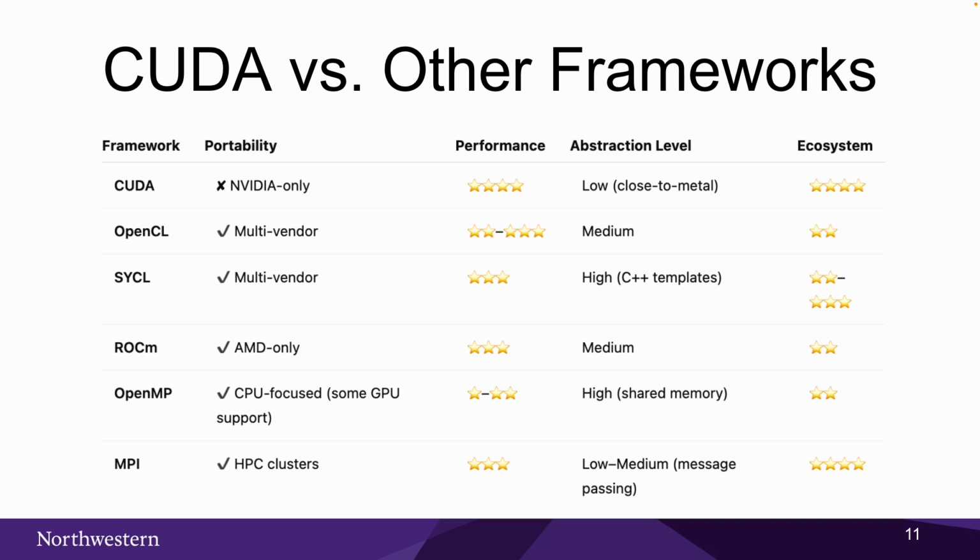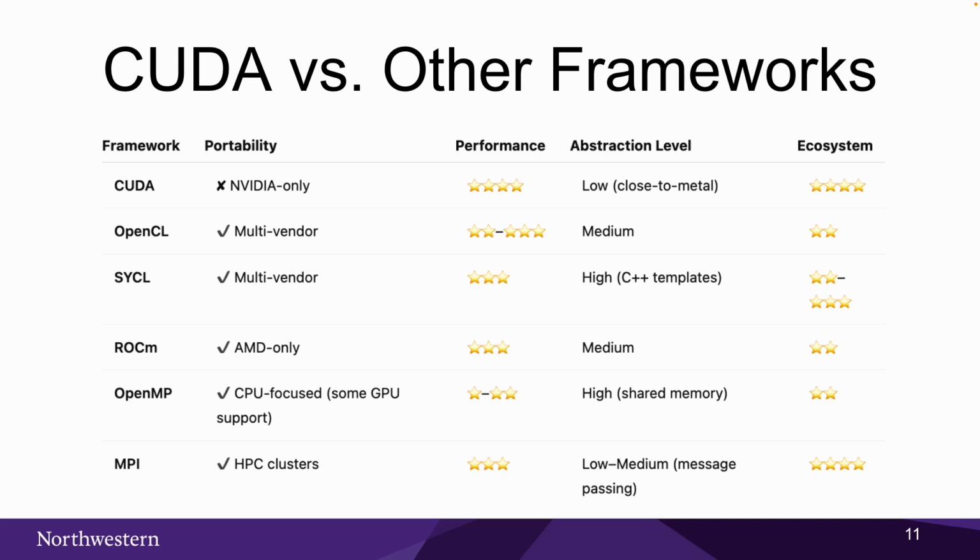And also OpenMP is CPU focused with some GPU support. It's easy to use. We already saw it in our assignment and class, but it doesn't offer full control of performance on GPUs. It's not hardware specific. Also, MPI is for distributed computing, not GPU centric, but essential in supercomputing clusters.